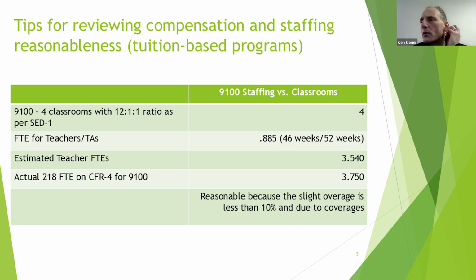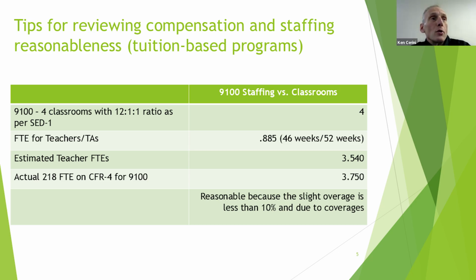Also consider that if you do have floaters on staff or you do have substitutes, they do not go into the 218 line. There are separate lines for coverage staff, the floaters, and there are separate lines for substitutes. So if you do put your substitutes and your floaters within your 218 line, on desk audit that'll be questioned and potentially disallowed by SED.